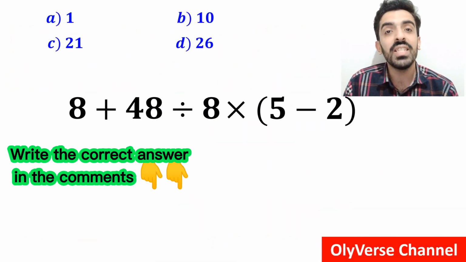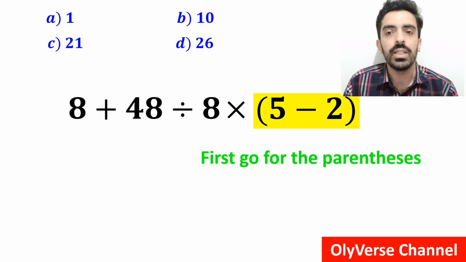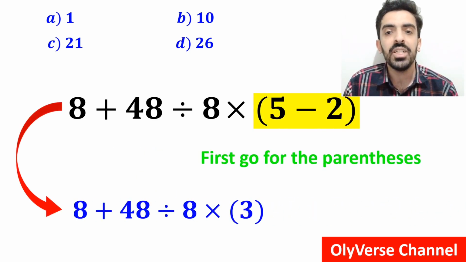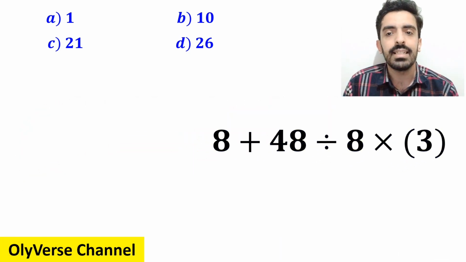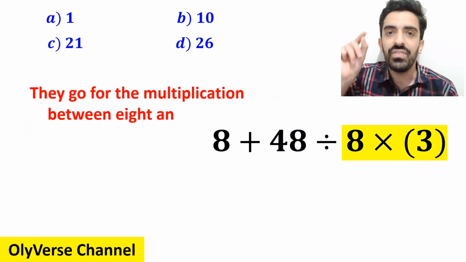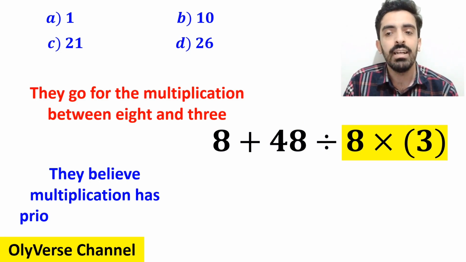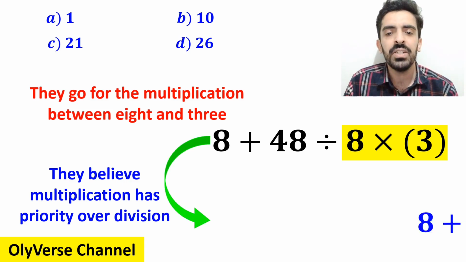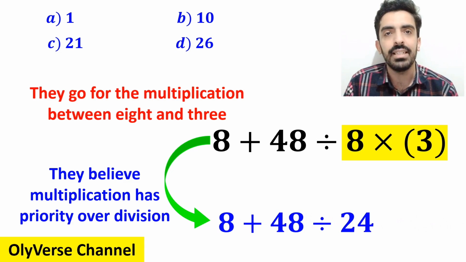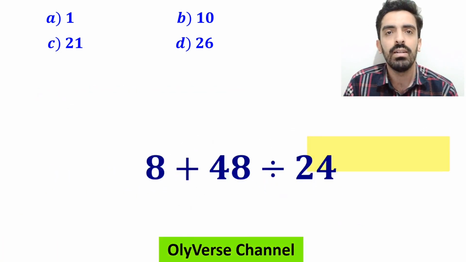Also, some other people when solving this question first go for the parentheses and write this expression as 8 plus 48 divided by 8 multiplied by 3. And the next step, they go for the multiplication between 8 and 3 because they believe multiplication has priority over division. So, this expression simplifies to 8 plus 48 divided by 24.